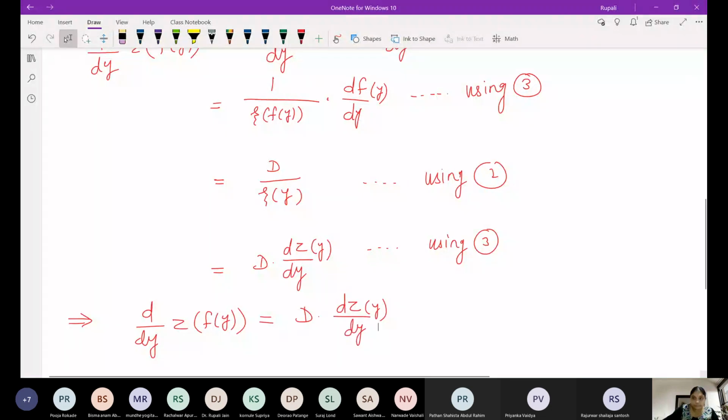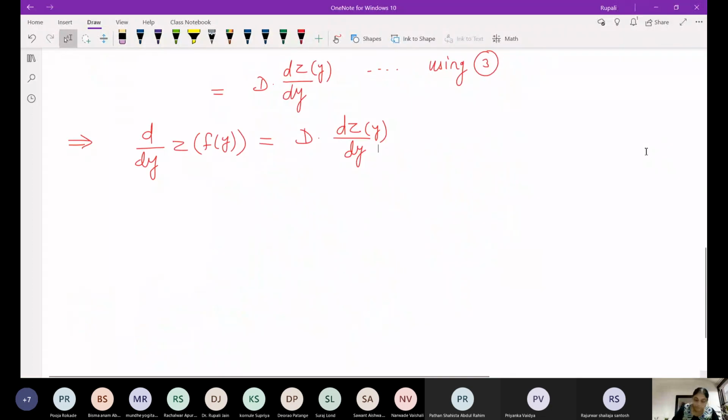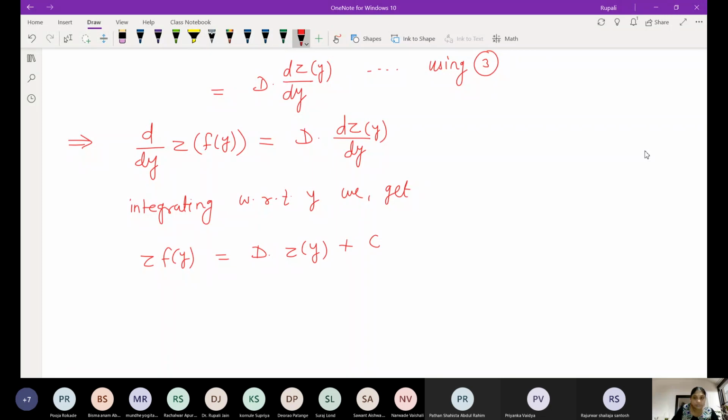Now integrating with respect to y, z of f of y will be d, which is constant, times z of y plus some constant c.